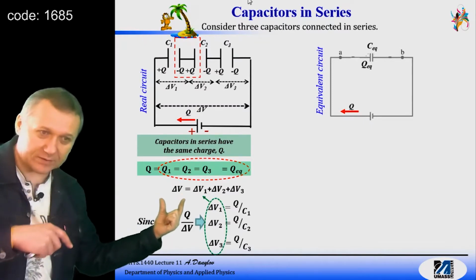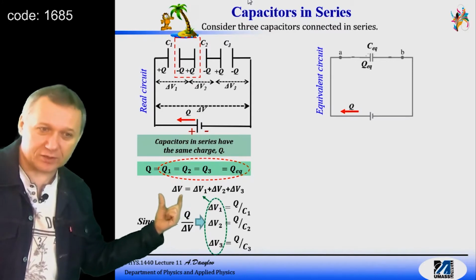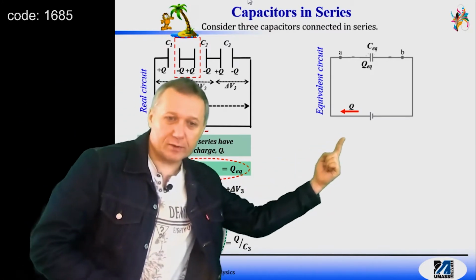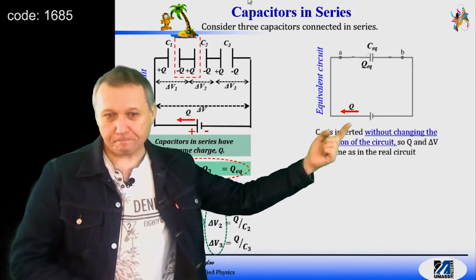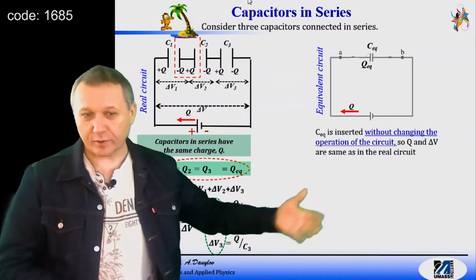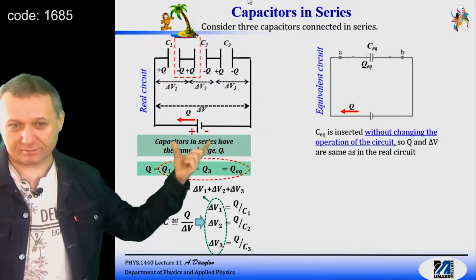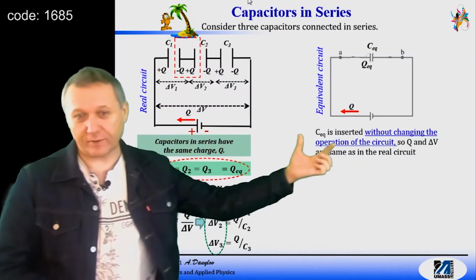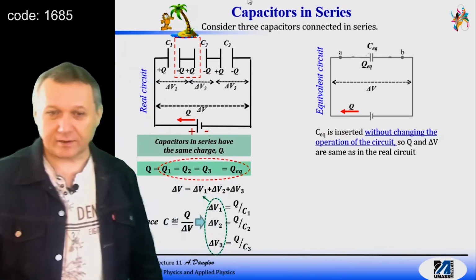Like at the end of the previous lecture, we will get this information about this parameter from the equivalent circuit. So for delta V, again, the rest of the circuit must work in exactly the same way. The total potential difference across the battery, of course, we can find by using C equivalent in exactly the same way.